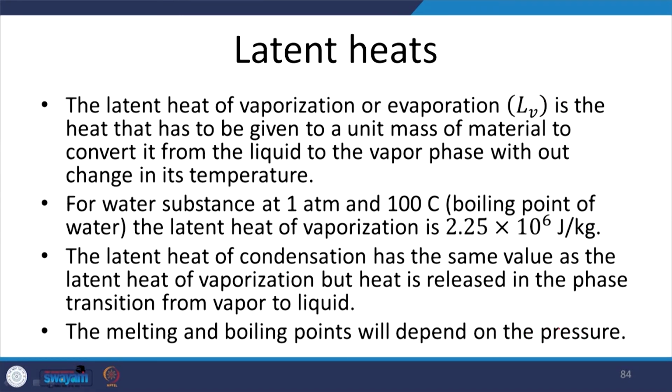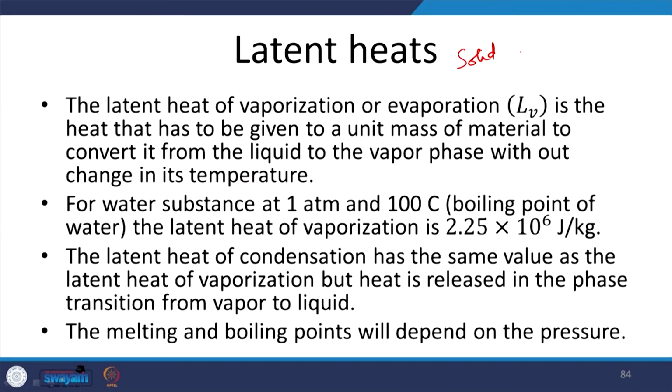So, similarly, the latent heat of evaporation or vaporization. Vaporization is creating vapor out of water, the phase transition from the liquid to the gas phase. So, there is solid, liquid, vapor. So, water works like this, right.